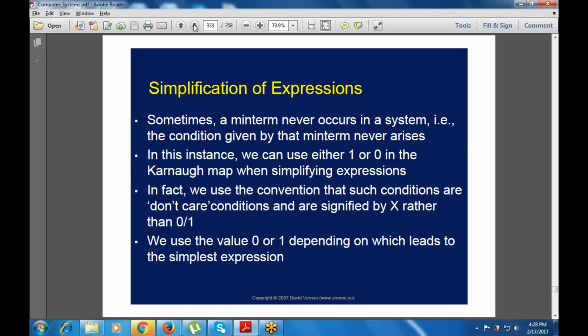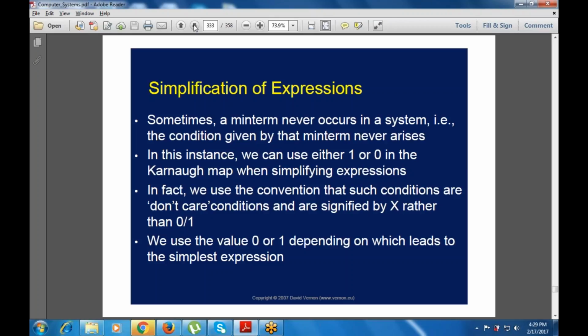Then how to simplify the expression? Sometimes some min terms never occur in a system. That is a condition given, meaning if there is no min term given, we use the 1 or 0 in the K map when simplifying the expressions. And in fact, we use the convention that such conditions are don't care conditions. That means we use the cross sign rather than 0 or 1.